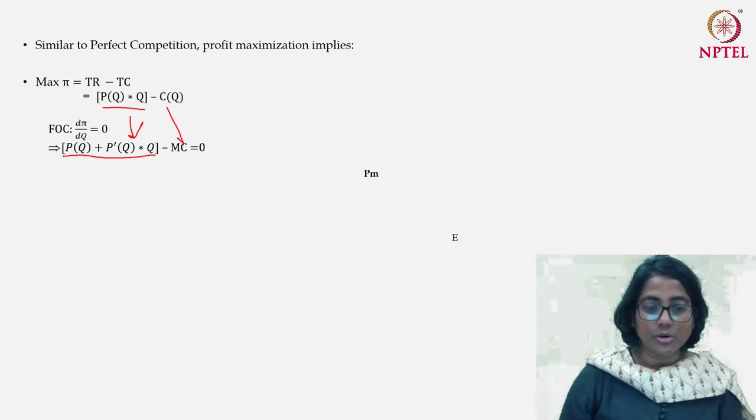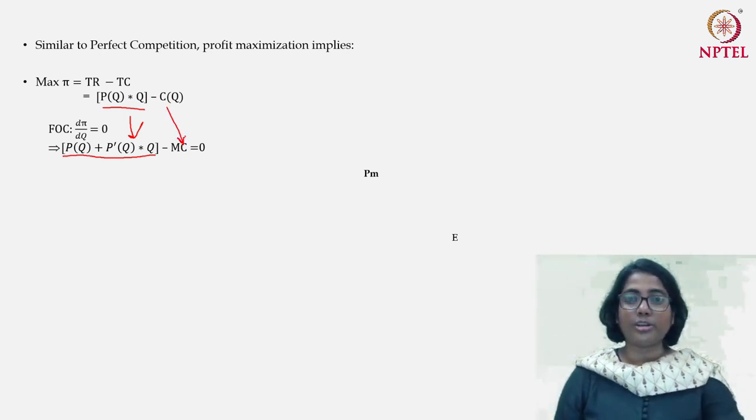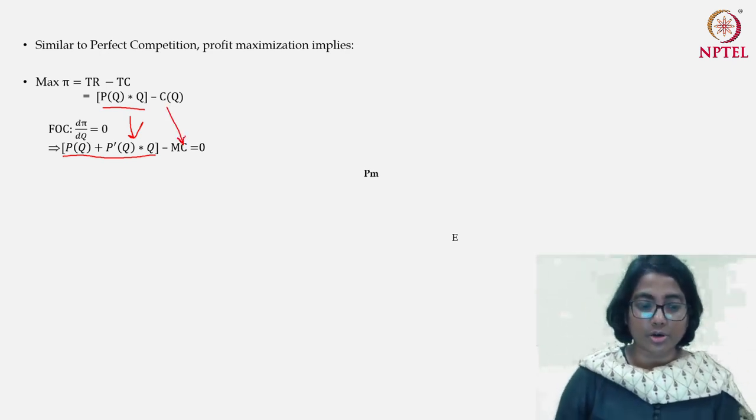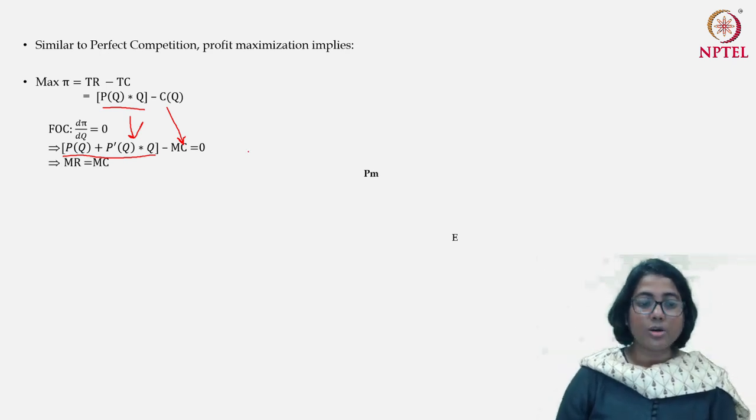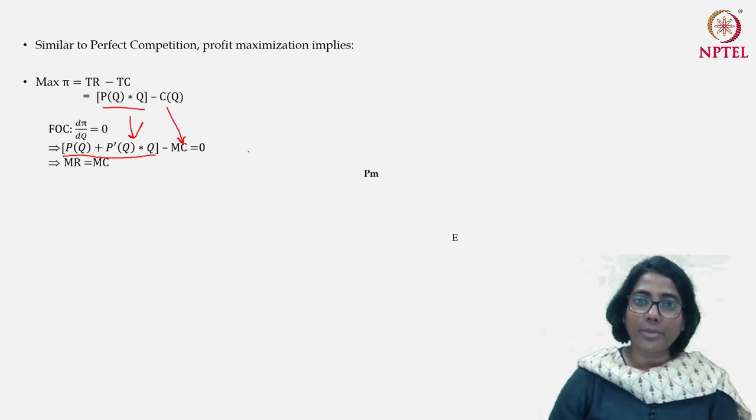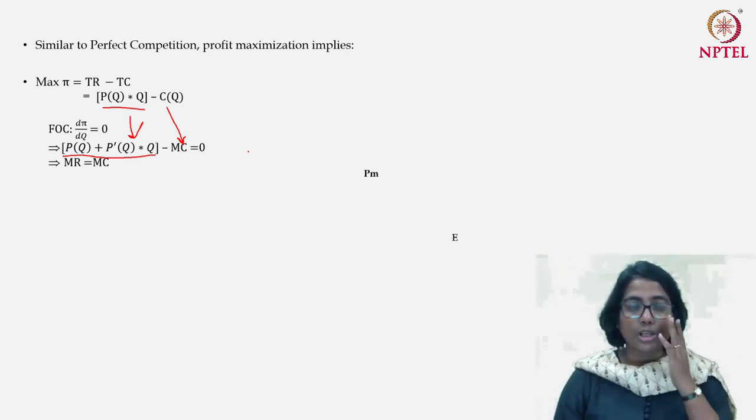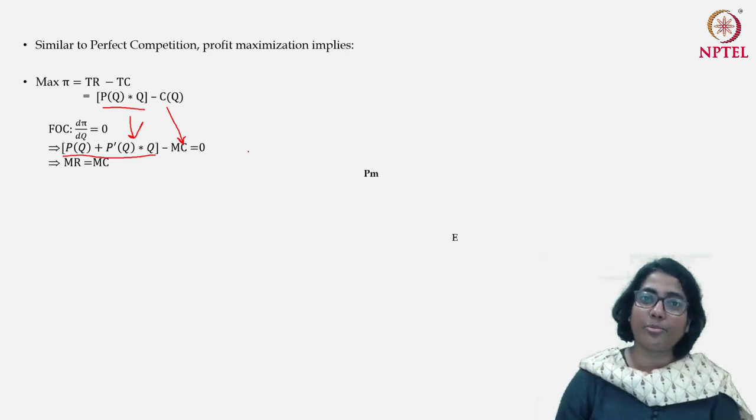And if you look at C(Q), then you take the derivative of C(Q) with respect to Q and you get the marginal cost. So essentially here you also get that for profit maximization, the monopolist has to equate the marginal revenue with marginal cost. This was the same in the case of perfect competition as well. What is different?